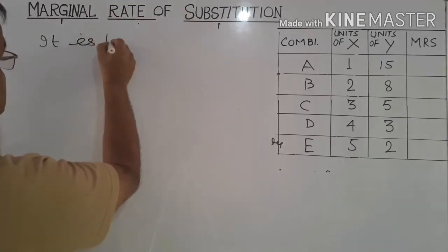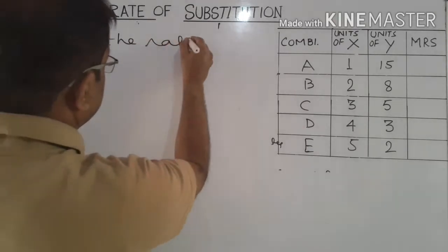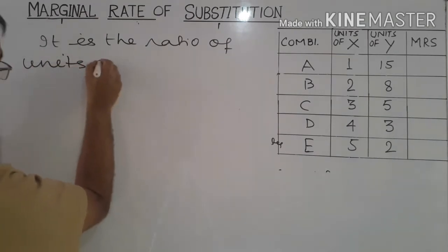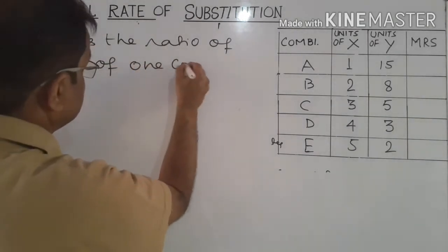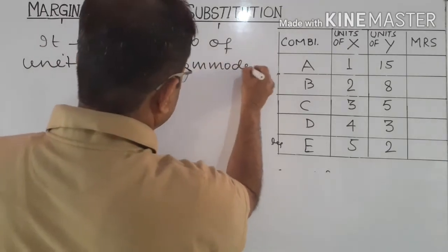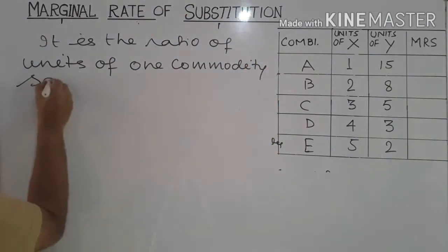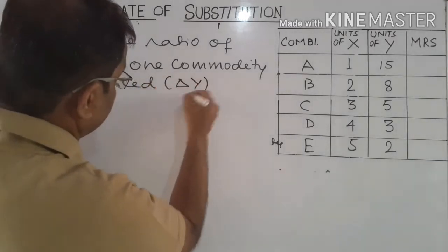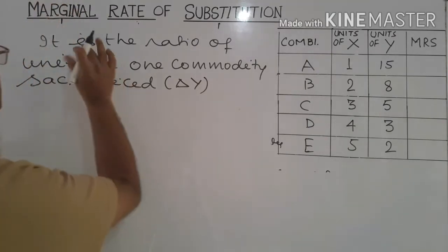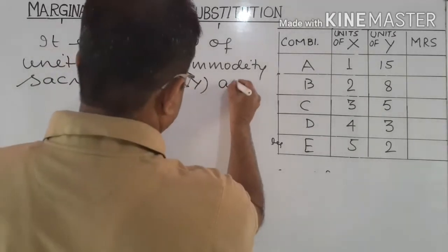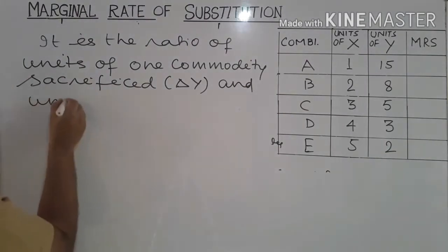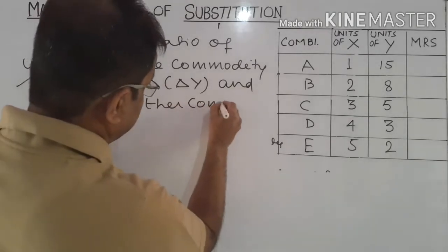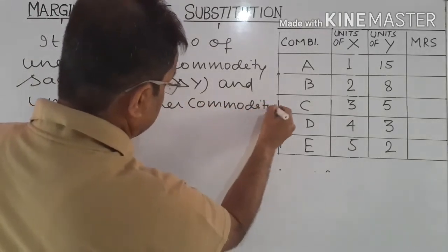It is the ratio of units of one commodity sacrificed, here it is commodity Y, which is represented by delta Y, and units of the other commodity gained. Here it is the commodity X.